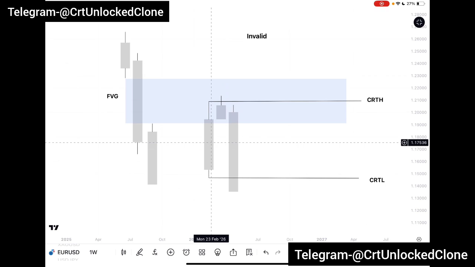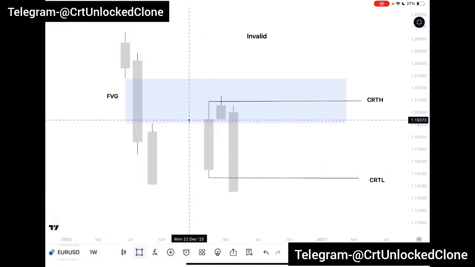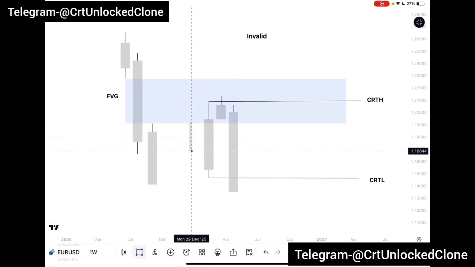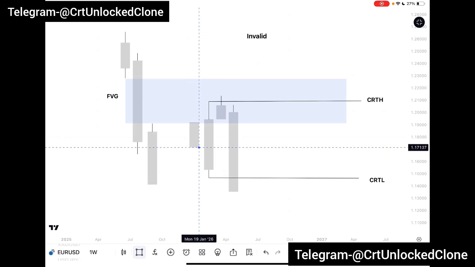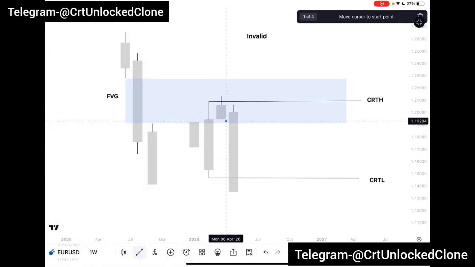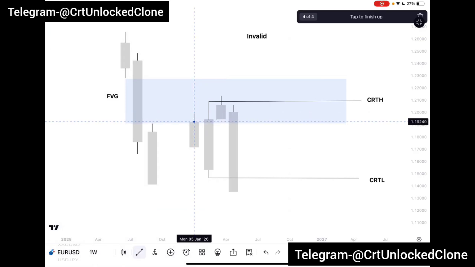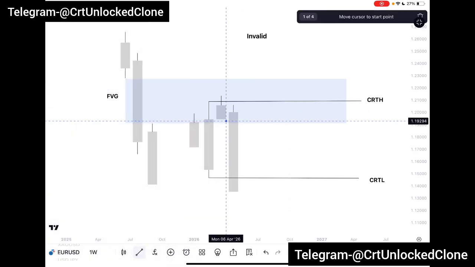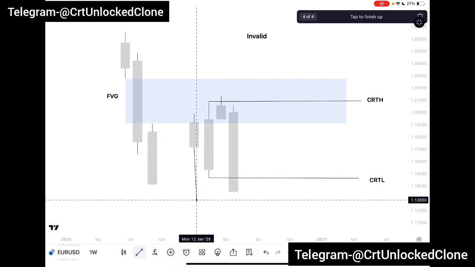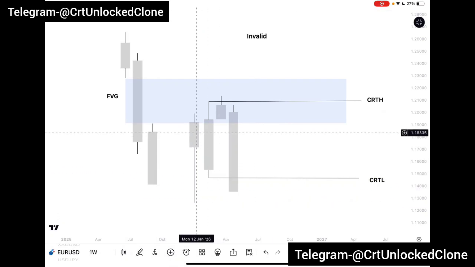This is the CRT candle which I explained before: CRT candle, manipulated, distributed. Before our CRT candle formed and tapped the key level FVG, if any other random candle has tapped before, just listen very carefully, my dear people. This is a random candle, and it has tapped our key level FVG before our CRT candle.